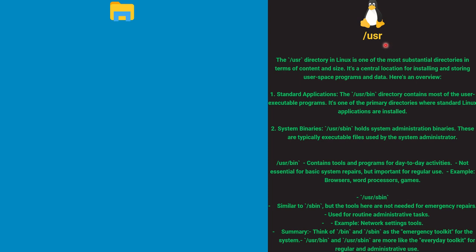Then you have /usr/sbin. This is also part of the /usr directory. Similar to the sbin that we saw under root on the previous slide, here the tools are needed for emergency repairs and used for routine administrative tasks. For example, network setting tools. So think of bin and sbin that we were seeing on the previous slide as the emergency toolkit for the system, and think of /usr/bin and /usr/sbin as more like the everyday toolkit which is needed for regular and administrative use.